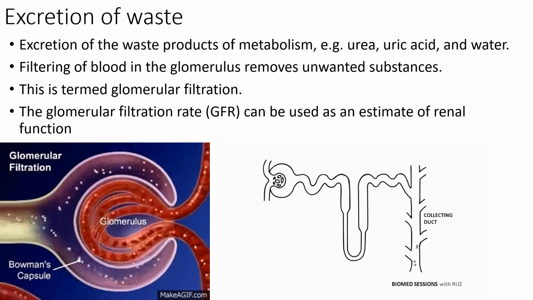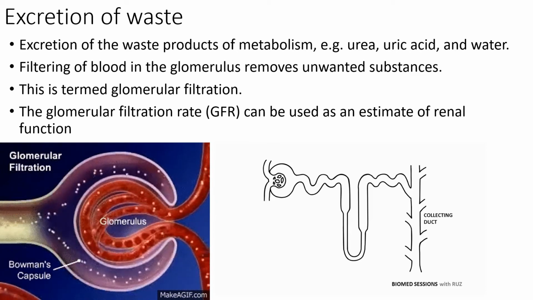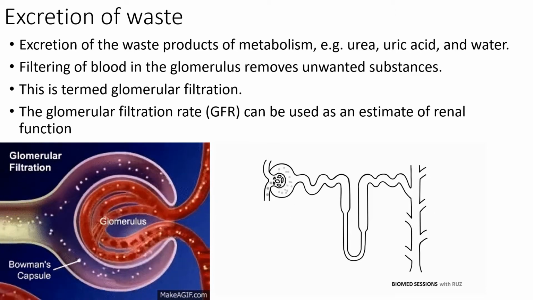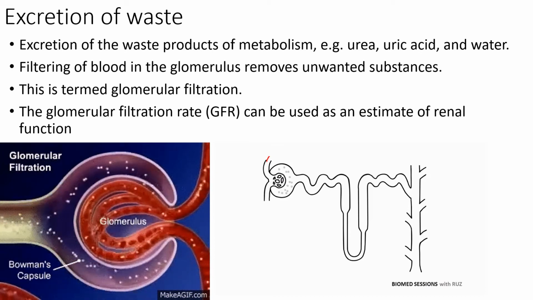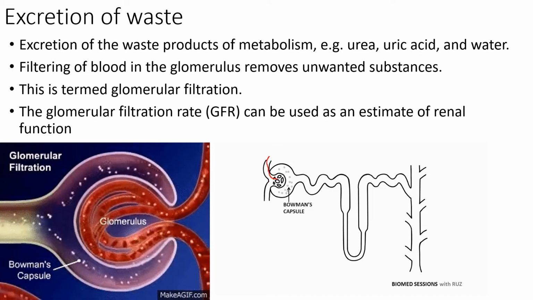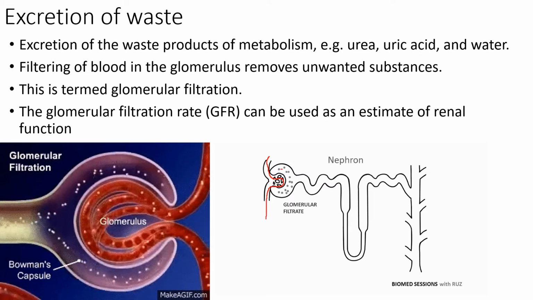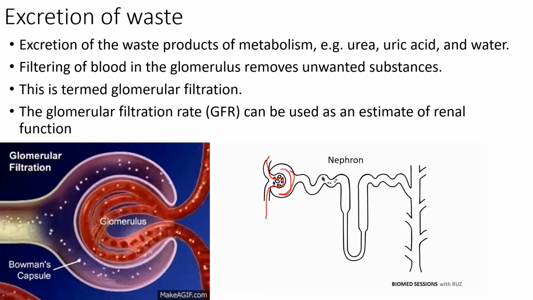So here is a little diagrammatic representation of the nephron. The afferent arteriole goes into the glomerulus, and the efferent arteriole comes out. The filtered blood in here is all of the filtrate.